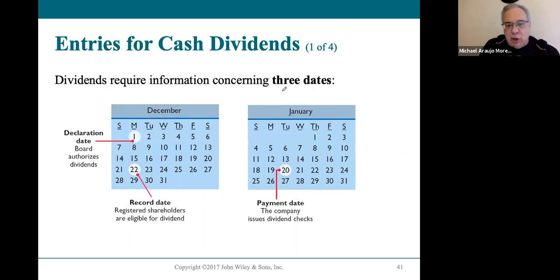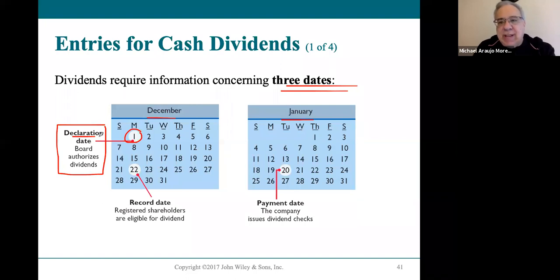Things that you have to know, we'll just call it the 3 dates that you have to know with this. The very first day, so here's the month of December and here's the month of January. The first date you see that's in white here is the date the board of directors announces the dividend. We call that the declaration date.